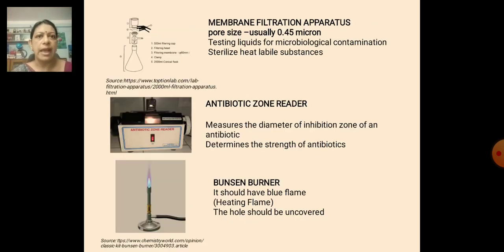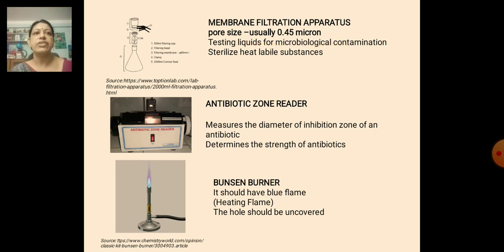Sometimes it happens that to maintain the sterility, we cannot use the sterilization process of adding chemicals, or heating it, or sterilizing in the hot air oven or in the autoclave, that is, where heat is required. Because there are many thermolabile substances. So what usually is done, in a large volume, in a bulk volume, the membrane filtration apparatus is used.